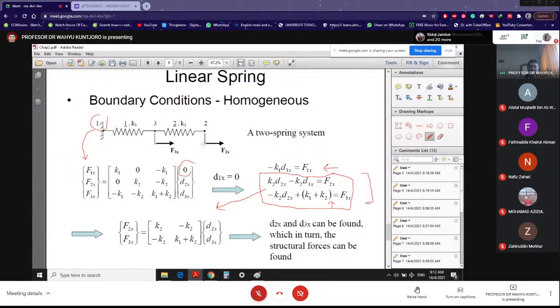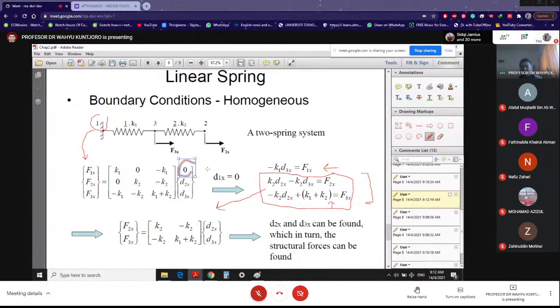Now I would like you to do an observation. If you compare these two matrices, this and this one, actually I can get this matrix by understanding that D1x is 0.